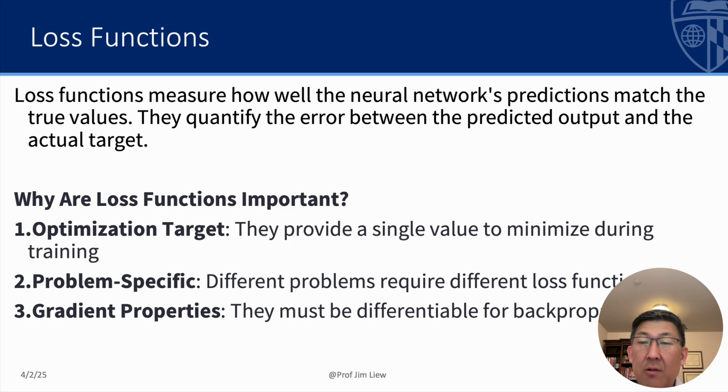So is the digit one of those categories? There are 10 categories. Okay, so loss functions are important because this is the objective of the optimization. It provides a single value, so you can actually see if the loss is going down, and that's what you want to do. It's also problem specific.